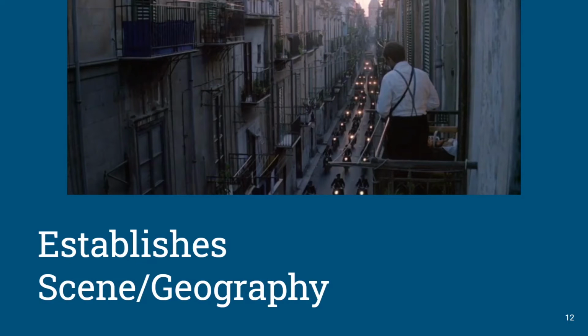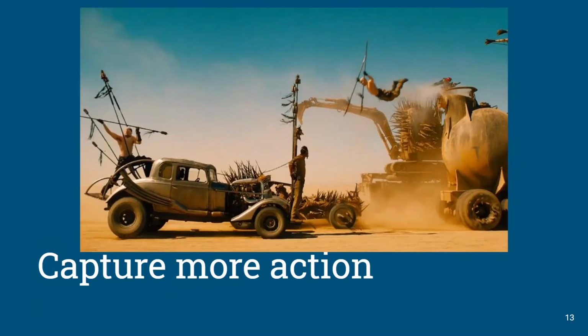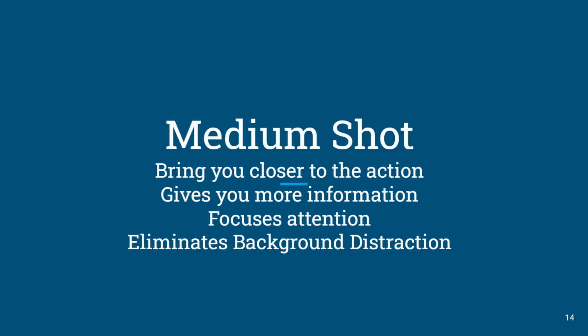Not always, but at some point, people need to know the information of what's going on. Wide shots can obviously capture more action. That's why you'll see a lot of Marvel movies and things like that stay a little bit more in the wide. You get a better scope of what's going on at the time.